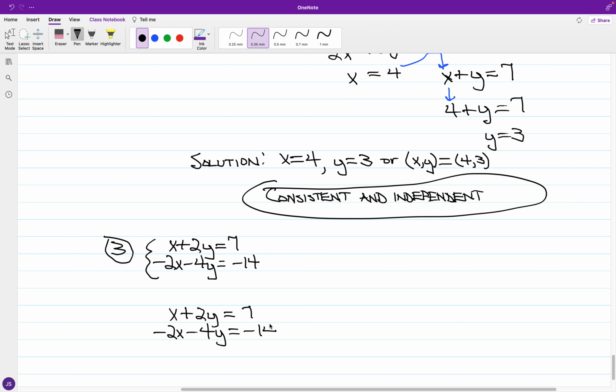So if I look at canceling out, let's say, negative 2x, I can raise the x to 2x, so I can just multiply the first equation by 2. So you're going to have 2x plus 4y is equal to 14.